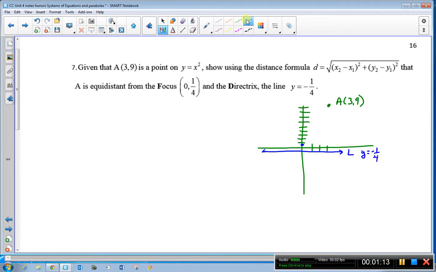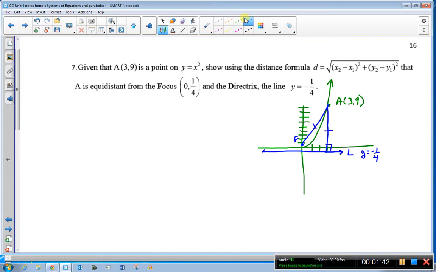All right, so the distance from my focus, which is 0, 1/4. So here's my parabola that actually comes down and hits 0, 0. So the distance from A to F and A to L is equal.